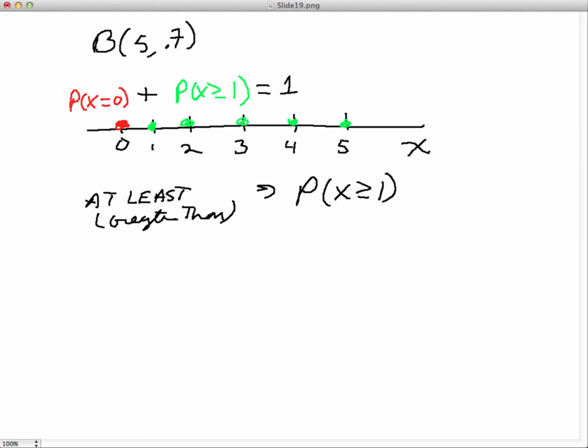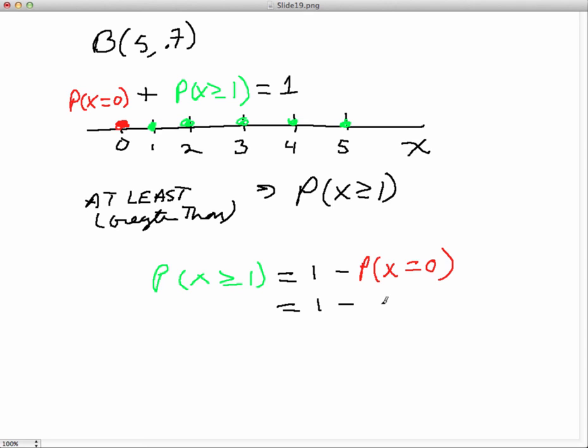So it actually turns out that the easiest way to do this problem, it's kind of a cool trick, is to say, well, look, what we want, the probability of x being greater than or equal to 1, well, that's equal to 1 minus the probability of x being equal to 0 by simply solving it, okay?